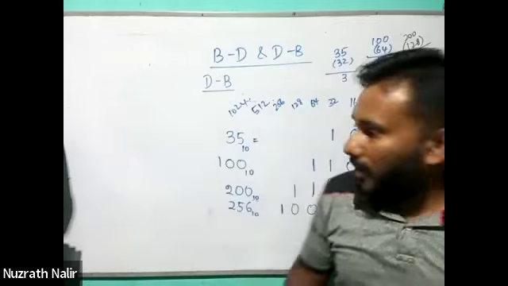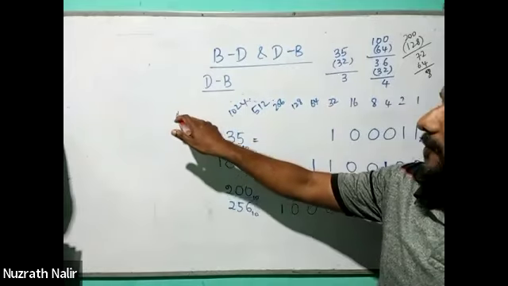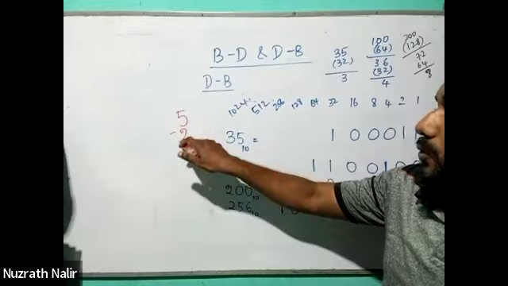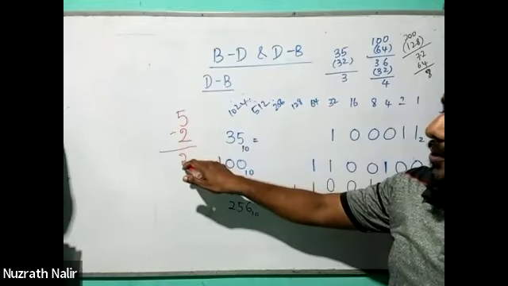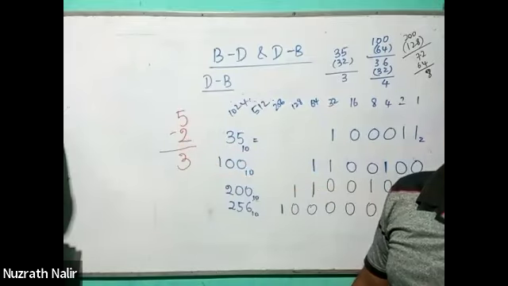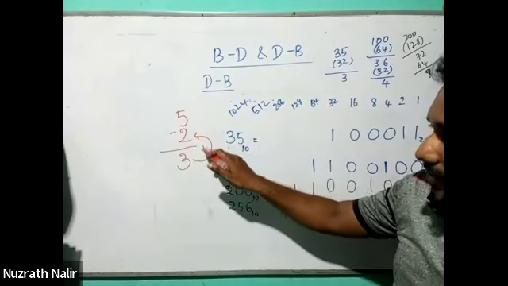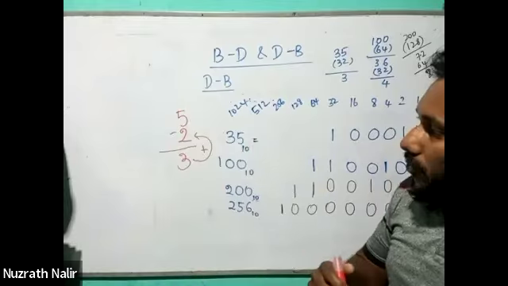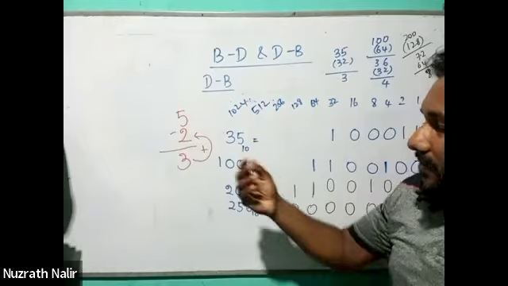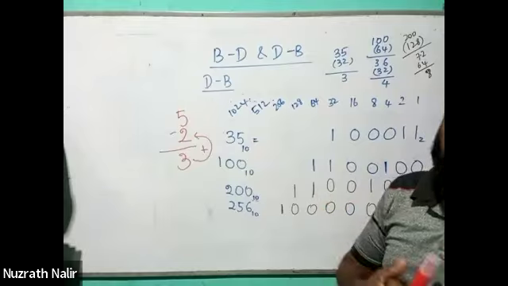In your maths, I hope you have learned it. 5 minus 2 equals 3. Then meantime, 3 plus 2 is equal to 5. This is called cross verification, validation.